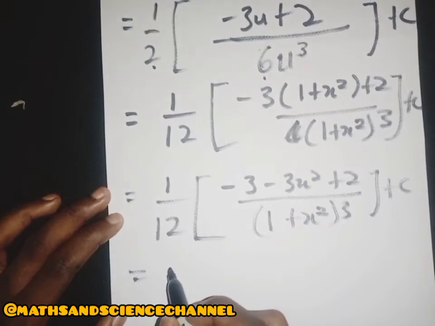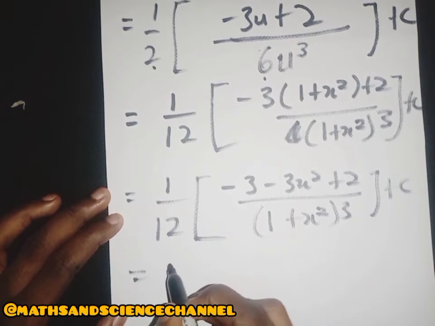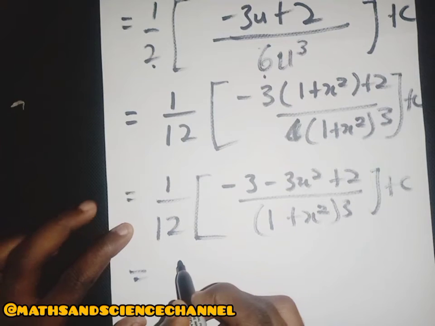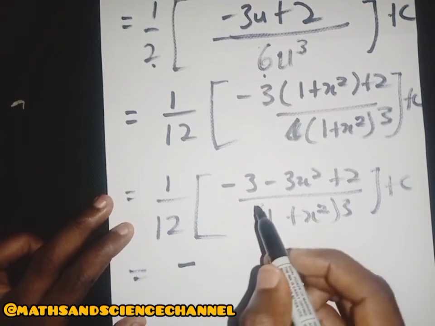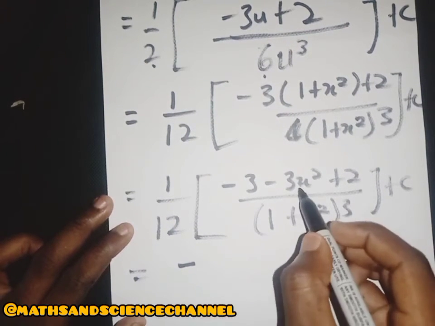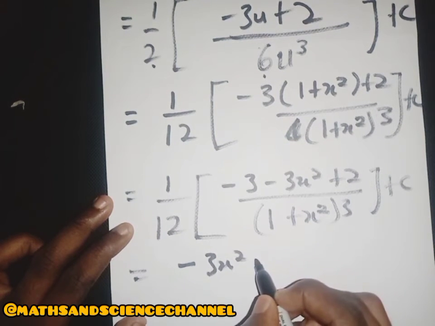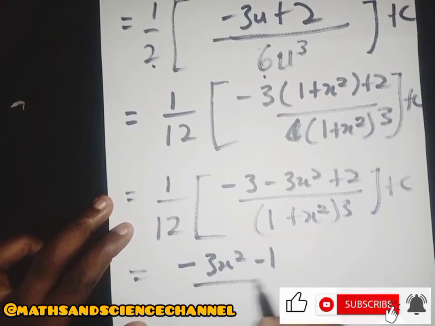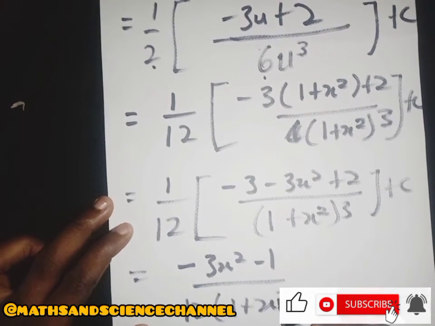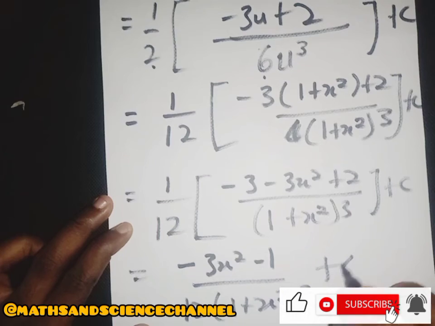So we can have the whole thing as negative 3s squared minus 1, divided by 12 times (1 plus s squared) to the power cube, plus c.